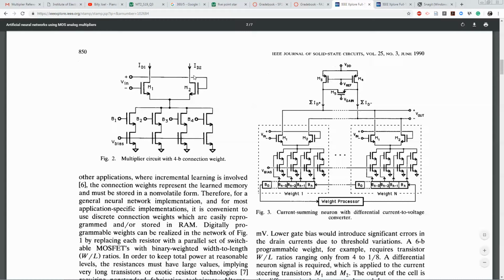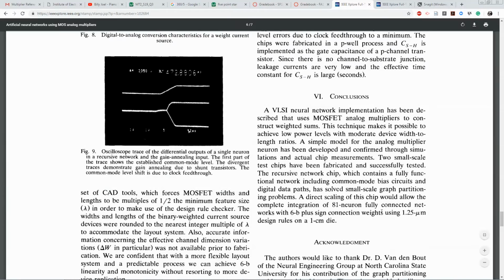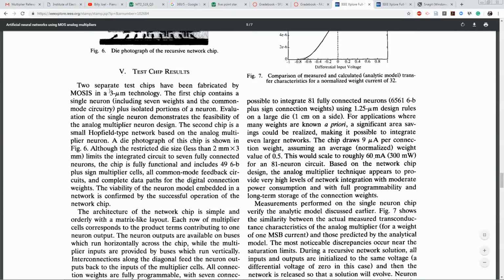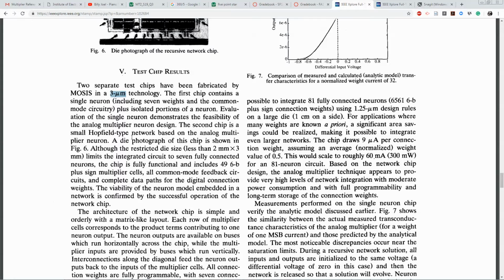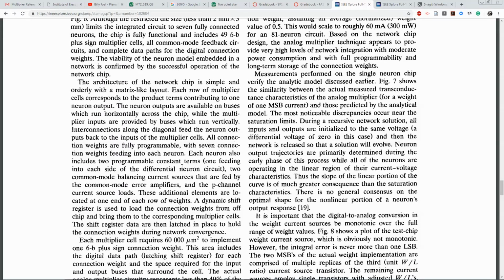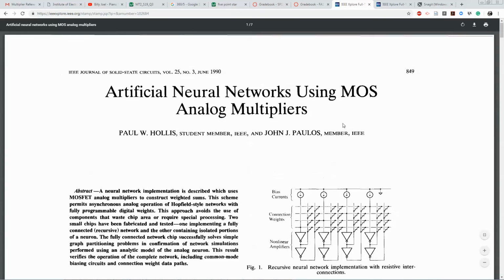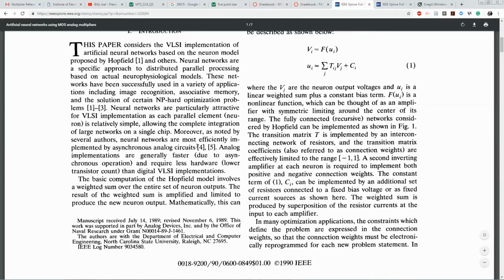It's based off of currents, and down here, and yeah, you have to sometimes hunt, right? So the technology is 3 micron technology, and they give you the area. I didn't really see the power. Gotta say though, this is pretty amazing work.